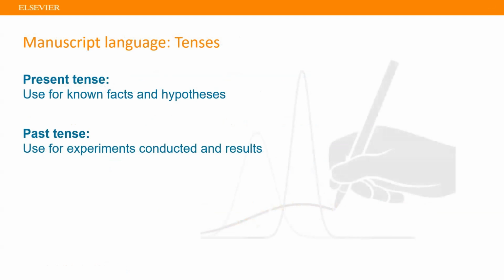Then going into language tenses, the present tense should be used for known facts and hypotheses. An example: the average life of a honeybee is 6 weeks. The past tense should be used for describing experiments that have been conducted and the results of these experiments, right?